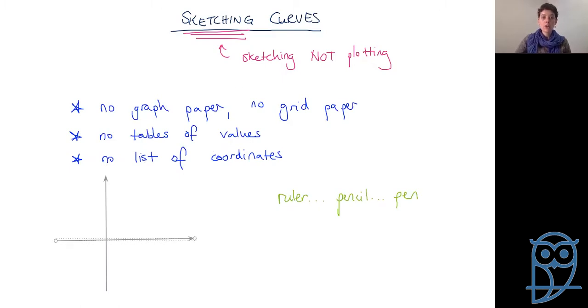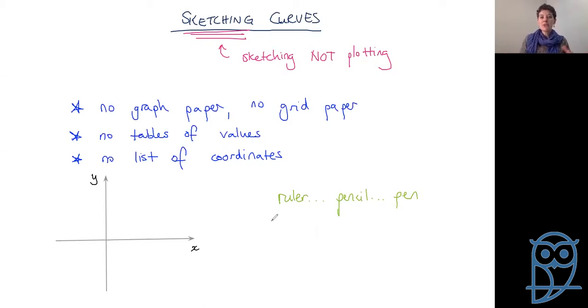Often we sketch for our own personal interest and understanding of the question, but we can also sketch for marks. So ruler and a pencil, we label with a pen, and we don't label all of our axes. We're only going to label important points. We don't go 1, 2, 3, -1, -2, because that's working at a level of accuracy that we're not working at. We're sketching. So we're just giving a general idea of what this graph is going to look like.